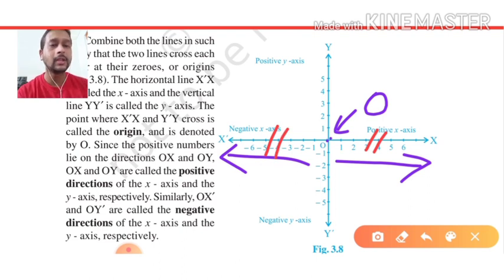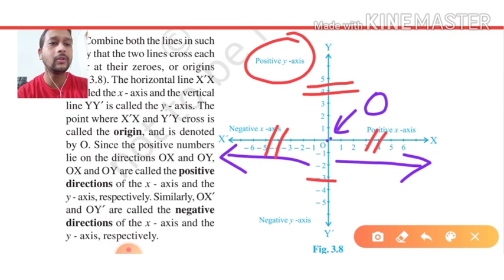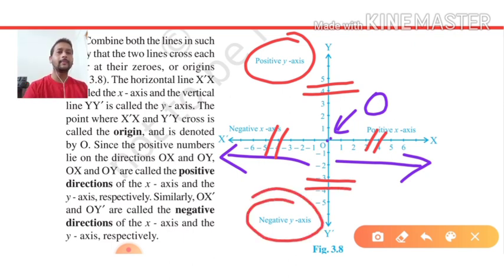Same way, if you rotate the number line by 90 degrees, this one will be the positive y-axis, and below you will have the negative y-axis. So always remember, positive x-axis on the right hand side, positive y-axis above, negative y-axis below, and negative x-axis on the left hand side.